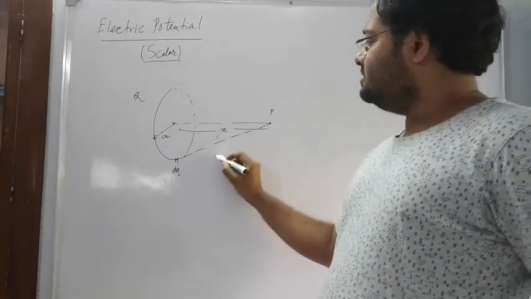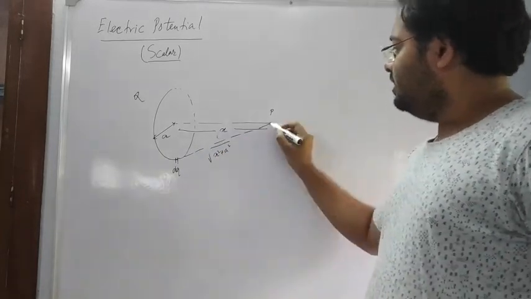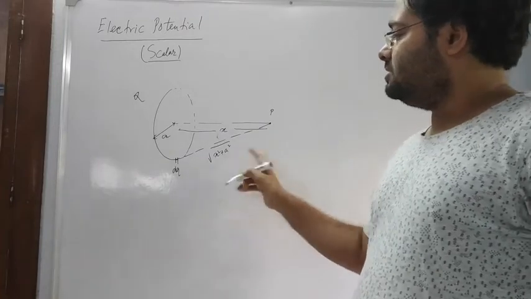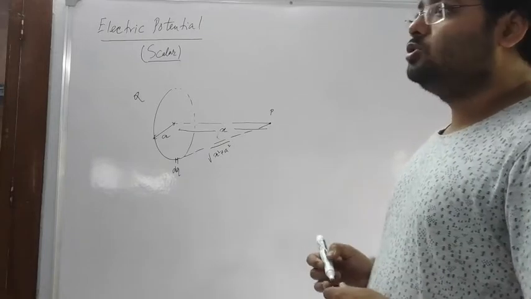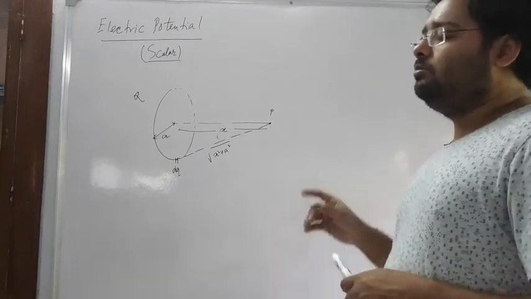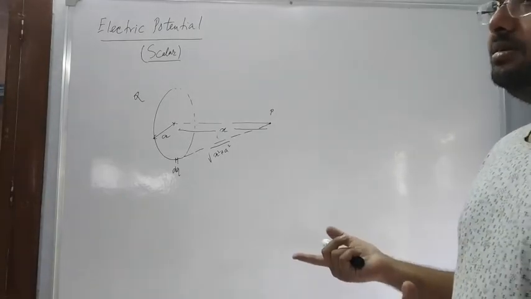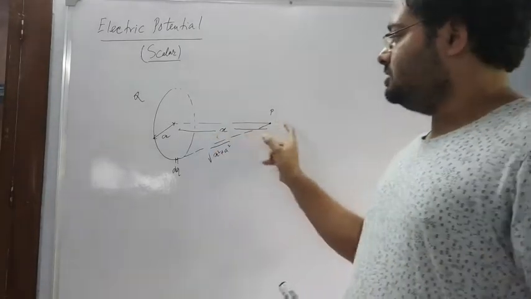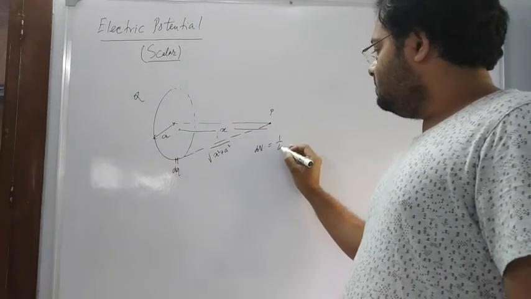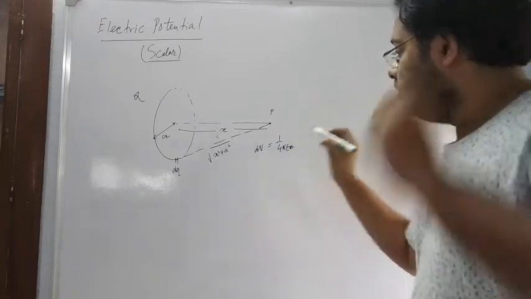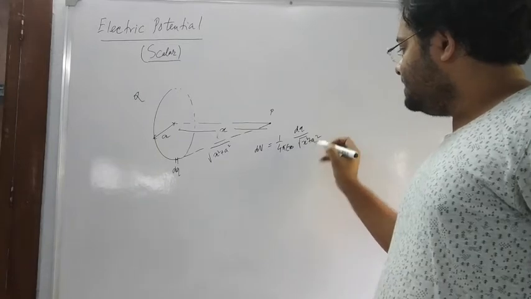So this distance is root over x square plus a square, and therefore the potential due to dq is, just calculate the straight line distance, because in the source charge formula, 1 by 4 pi epsilon naught q by r, r is simply the distance. So dV is 1 by 4 pi epsilon naught dq by root over x square plus a square.